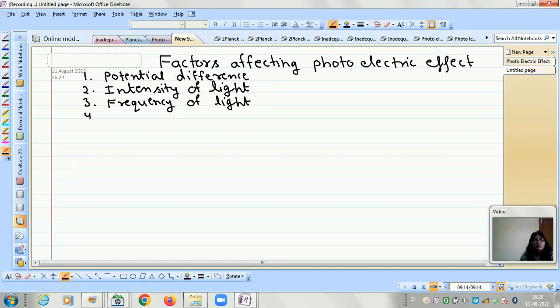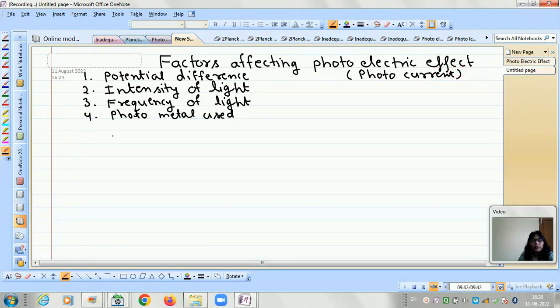And then fourth is the photometal used, which photometal we are going to use. So that also affects the photocurrent. Photoelectric effect, or you can write here photocurrent. So let us see one by one the effect.